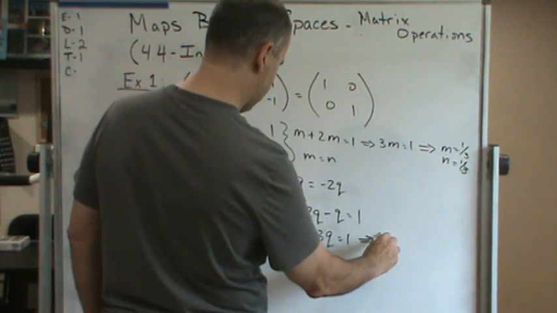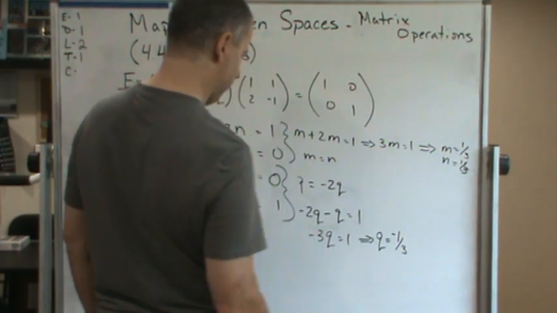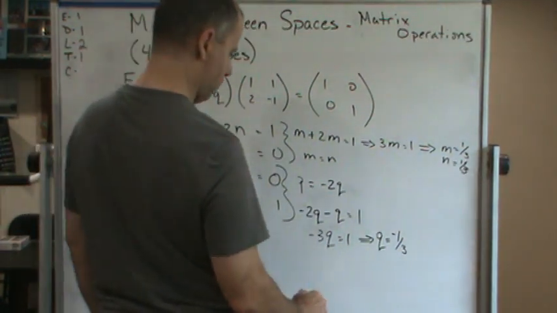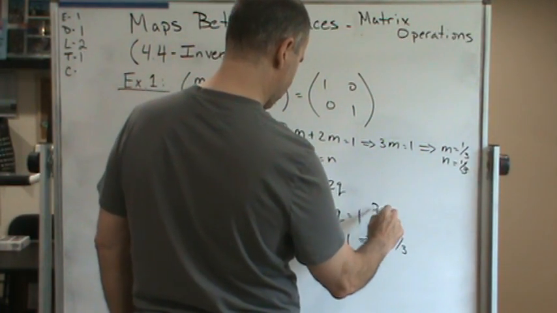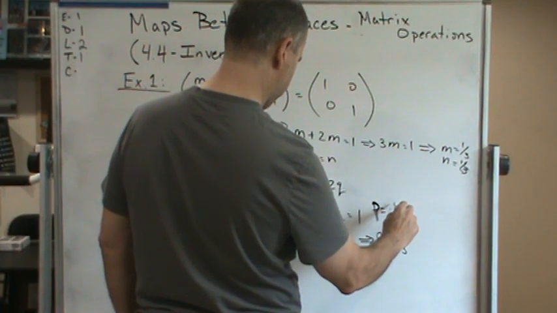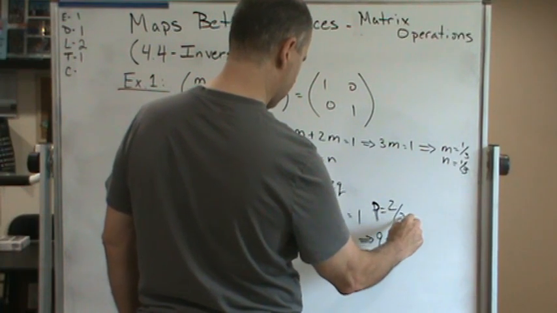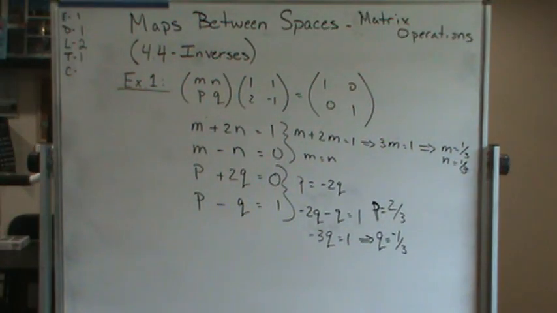which is going to imply that q is equal to negative 1/3, which means that p is going to equal 2/3. Okay, there we go. And so now we've got our answer.